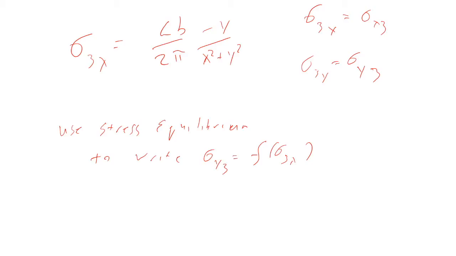All right, and then use this relationship to actually come up with ZY. Now, of course, it's open book, so you have the final form for what ZY should look like.